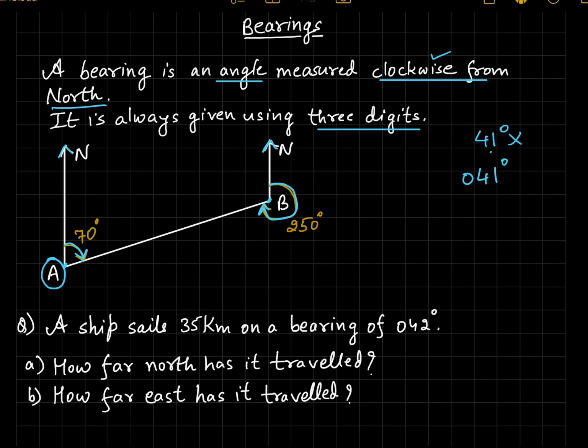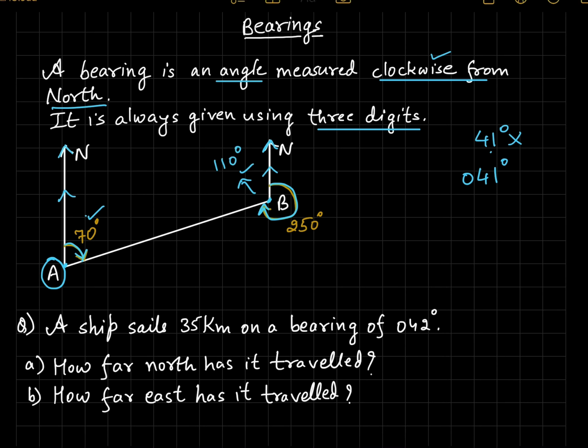Since both are parallel to each other, this is 70 degree. So what would this angle be? This angle would be 180 minus 70, because these are co-interior angles, and the sum of co-interior angles is 180 degree. So this angle would be 180 minus 70, which is 110 degree.